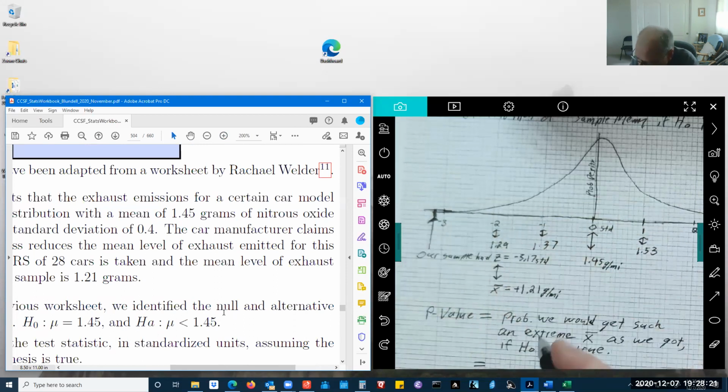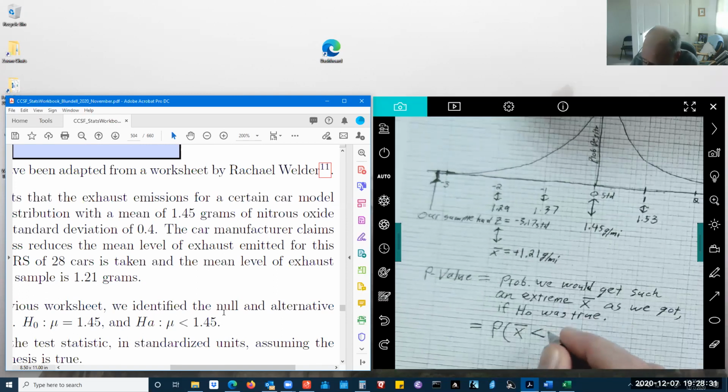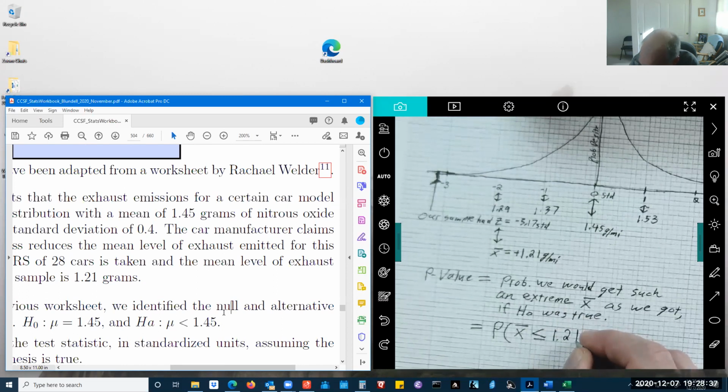So we want to know what's the probability that a sample mean would be so far to the left as we got, if the null hypothesis was true.